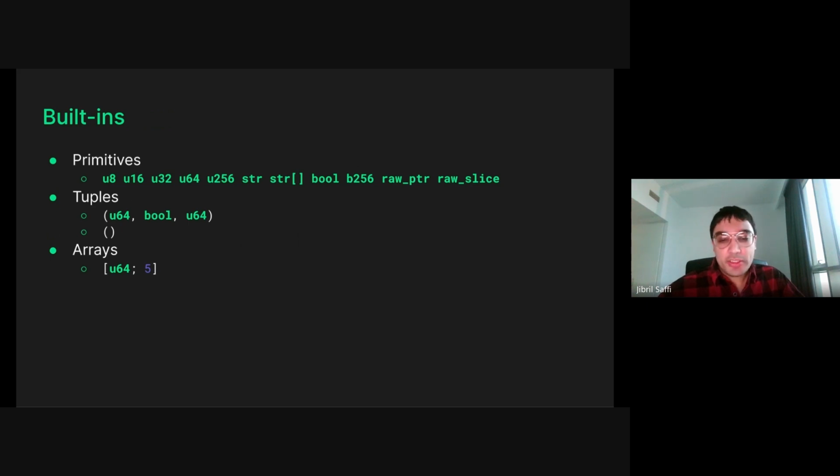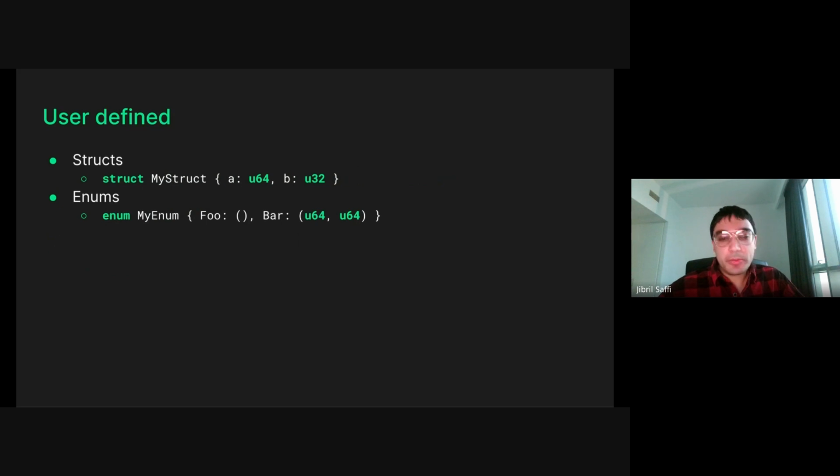And we've got arrays, of course. User-defined types: you've got your structs, you've got your enums, nice tagged unions that work pretty much the same way as in Rust. Do notice the enums have slightly different syntax, but they work pretty much the same. So you can just use tuples to get the same sort of behavior that you would get in Rust.